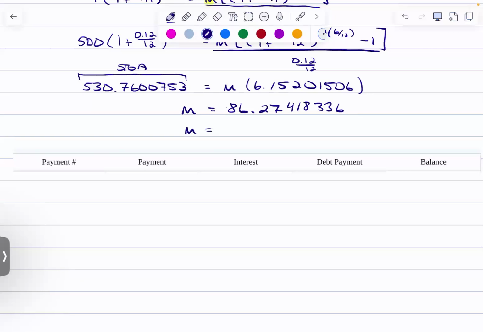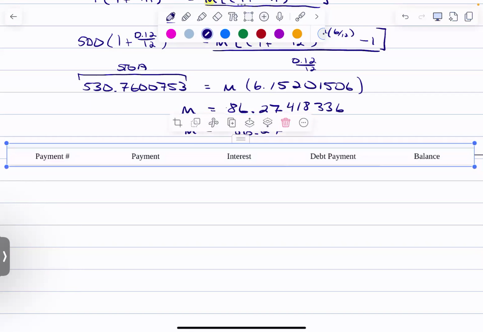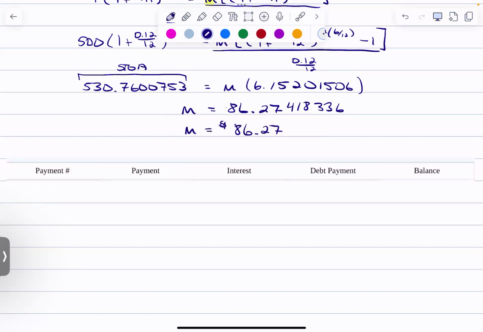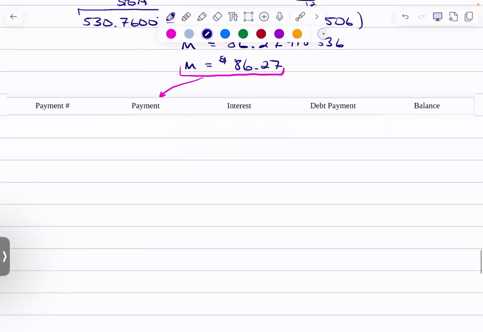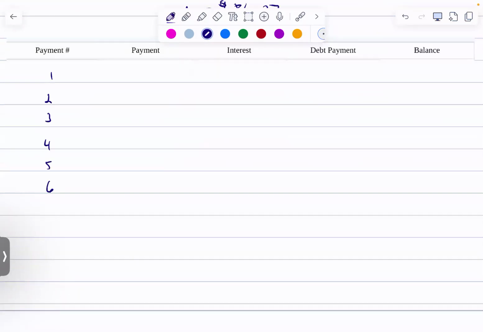So your monthly payment is $86.27. That's going to be the same for all 6 payments. Let's do payment number 1, 2, 3, 4, 5, 6.